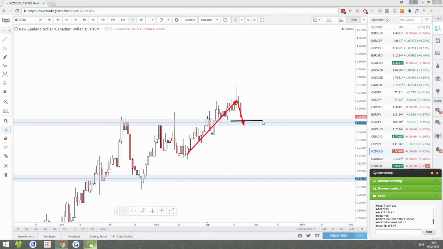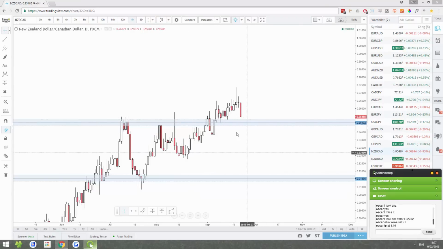So here, and then it either breaks down or bounces back up. But we're not that interested in the breakdown or the bounce back up. Well, we might be interested in the bounce back up in terms of a continuation, but for this specific setup, we're more interested in trading that pullback down to this support area, which, you know, is a setup that definitely has some potential.